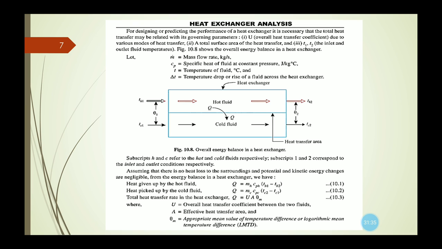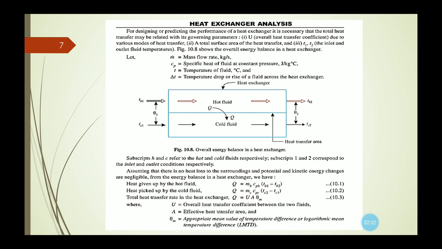If we assume that there is no heat loss to the surroundings and potential and kinetic energy changes are negligible, then from the energy balance in a heat exchanger we can write that the heat given up by the hot fluid equals m dot Cp into the temperature difference. So for the hot fluid, it will be mh Cph into (Th1 minus Th2).